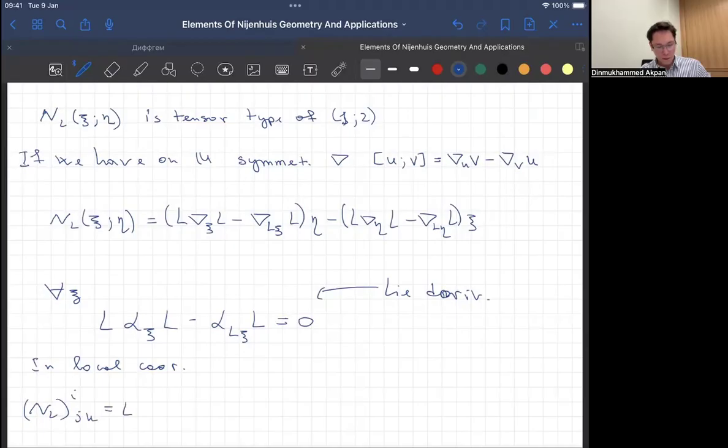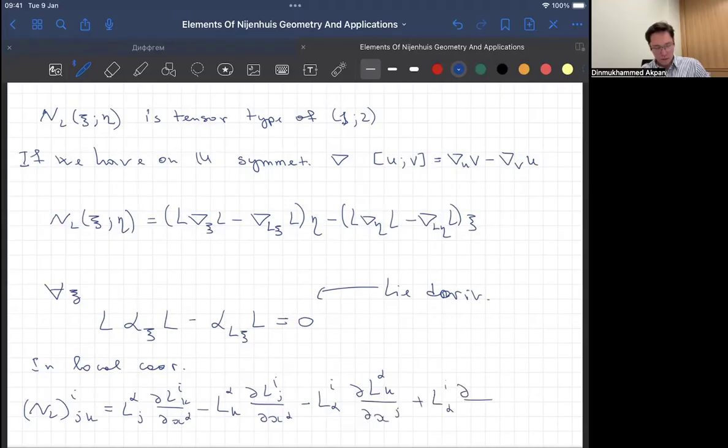It's a very long formula, but alpha J, T, I, K, D, X alpha minus L alpha K, D, L, I, J, D, X alpha minus I alpha D L alpha K D X J plus L I alpha J D X K. They are equivalent.